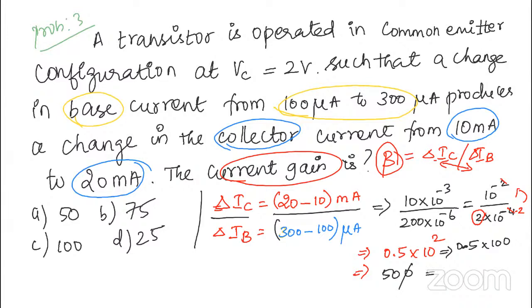Okay, so what will be the beta value? It is 50. Yes, very good.